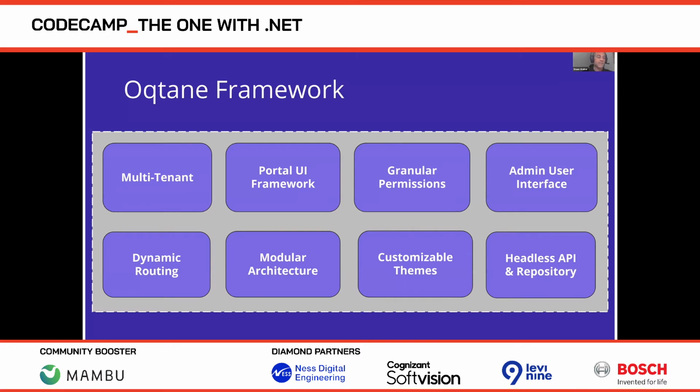Some of the capabilities that the Octane framework provides you, one of the big ones would be multi-tenancy. And I know Iris just did a complete presentation on multi-tenancy. So the Octane framework provides multi-tenant capabilities out of the box. It provides both shared multi-tenancy and isolated multi-tenancy capabilities.